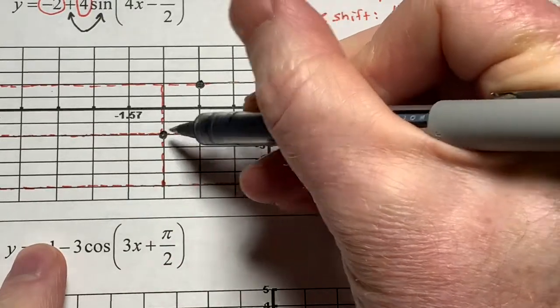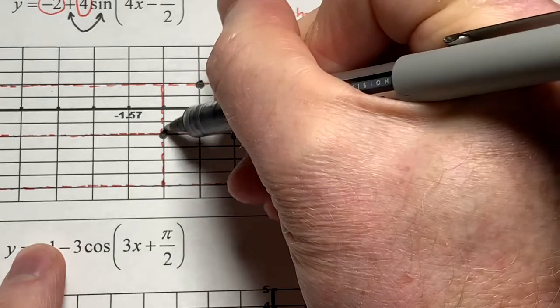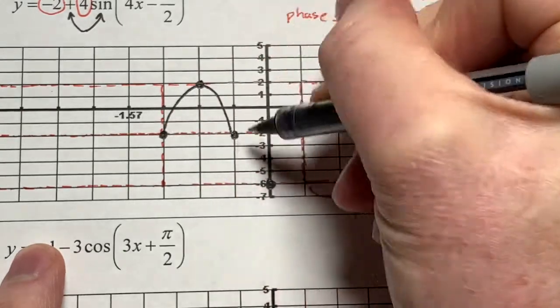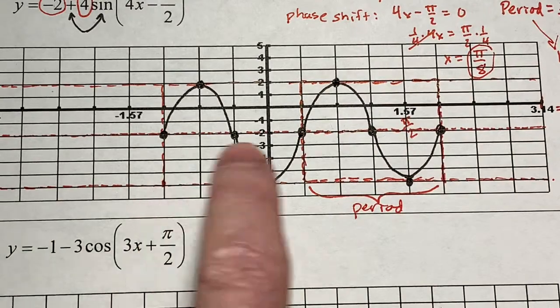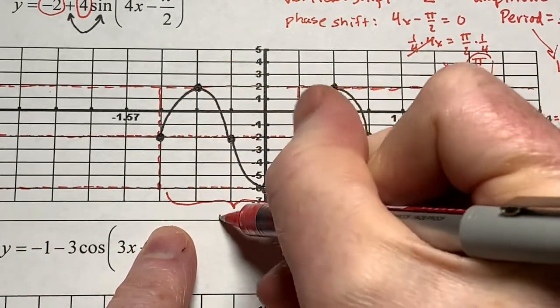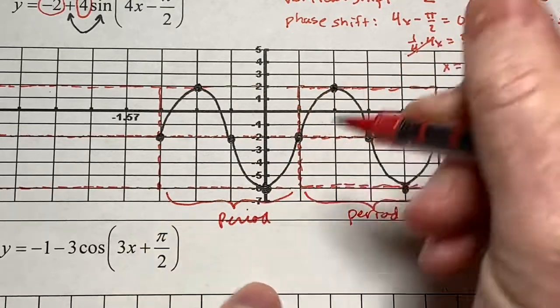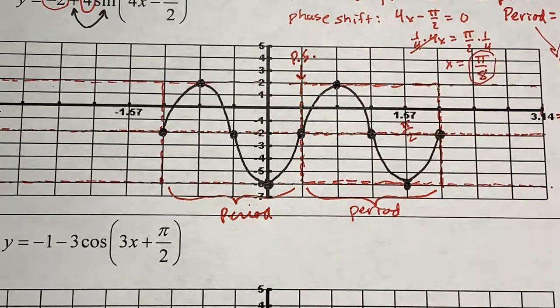I'm using the middle to go up and the middle to go down, and I'm just sketching. It kind of looks like a little parabola there and there. That would be 2 periods: 1 period here, 1 period there. I've marked the phase shift. I call the phase shift PS when I'm marking it there.